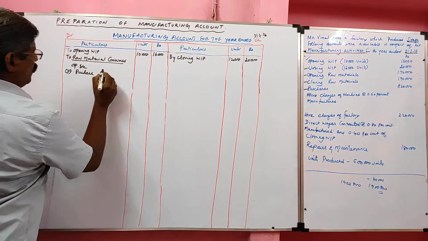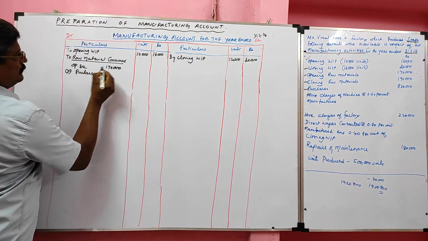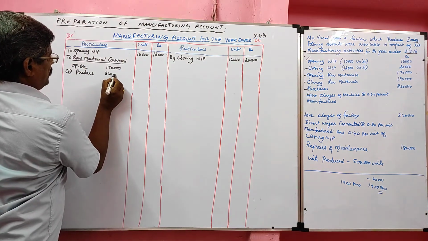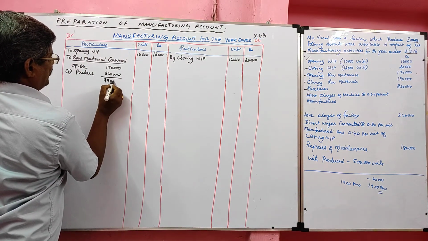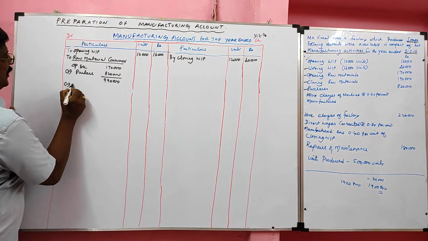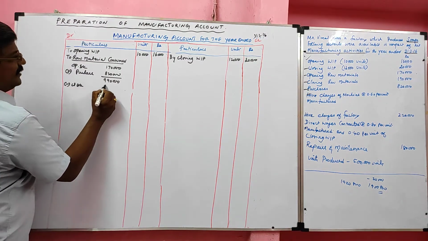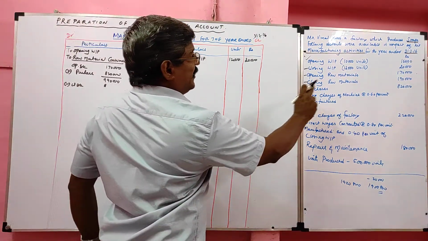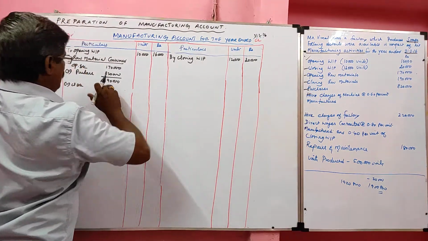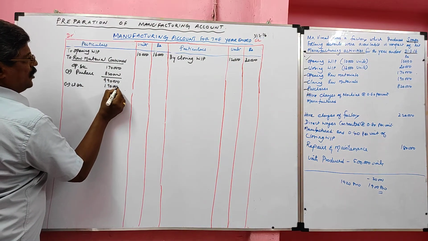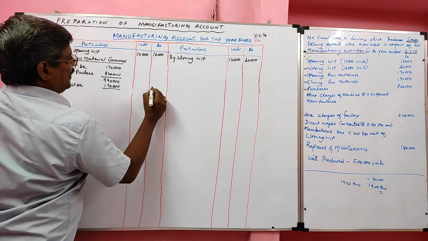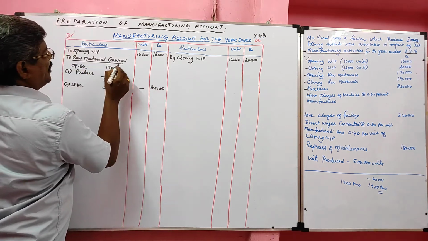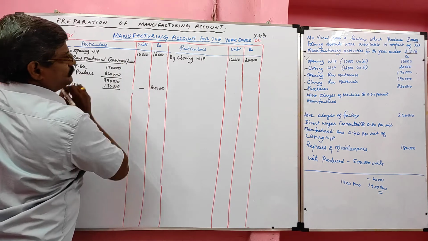Opening stock how much? 1,70,000. Purchase of raw material 8,20,000. Total 9,90,000, from which we have to deduct closing stock of raw material, 1,90,000. So the balance 8 lakh should be recorded in the amount column. This is called raw material consumed or raw material used.